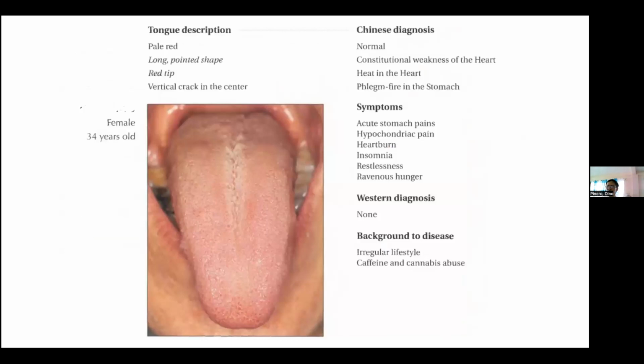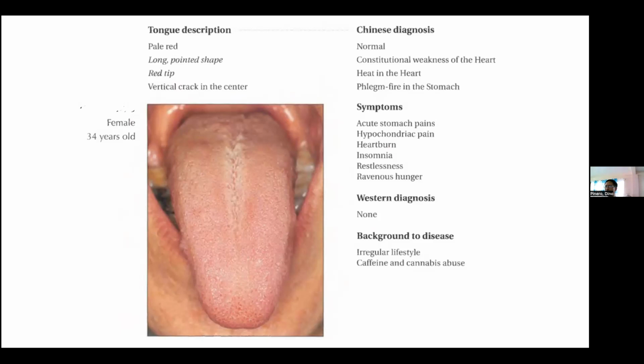Next patient is a female, 34 years old. The tongue is pale red, which is normal, and there's a long pointed shape. So there's heat in the heart. Long pointed shape, constitutional weakness of the heart, red tip, so there's heat in the heart, and a vertical crack in the center.